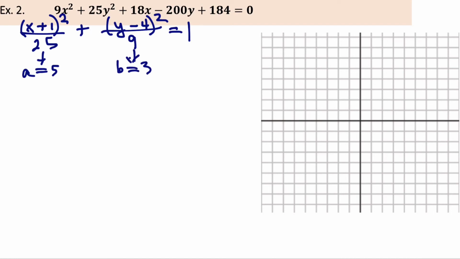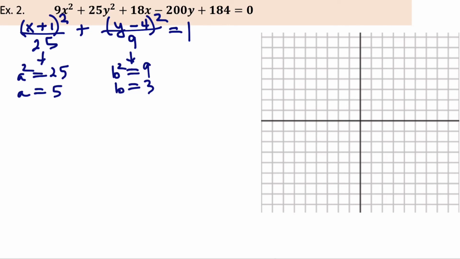Let me just back up a second, just so you can take really good notes. A squared is 25, so A is 5. B squared is equal to 9, so B is equal to 3.